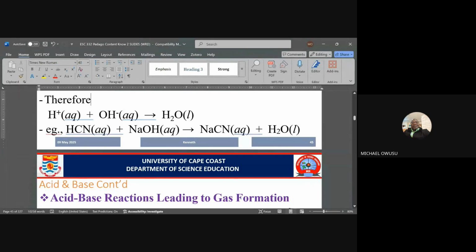Very important. Some books put it this way, that strong acids are H2SO4, HNO3, and hydrogen combining with the halogens, except fluorine.